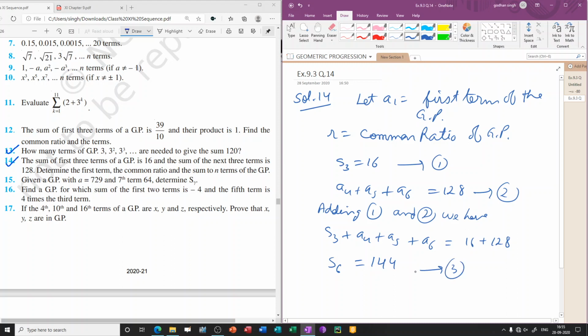Now let us divide S3 and S6. So let us divide 3 with 1. So in that case, we'll see what we'll be getting.